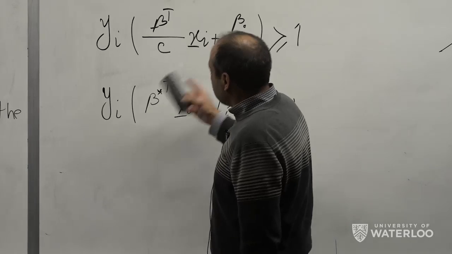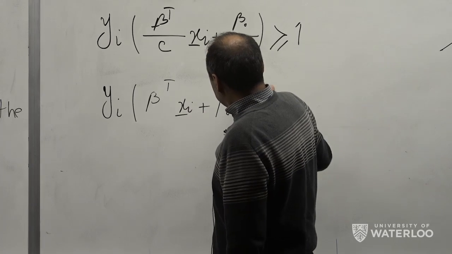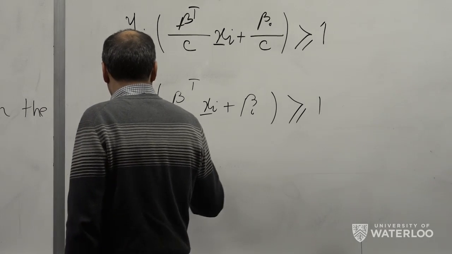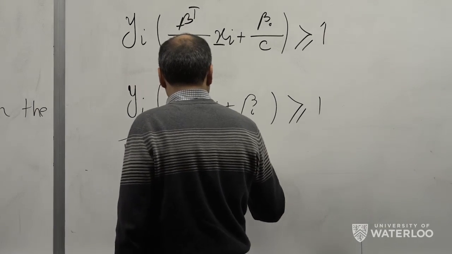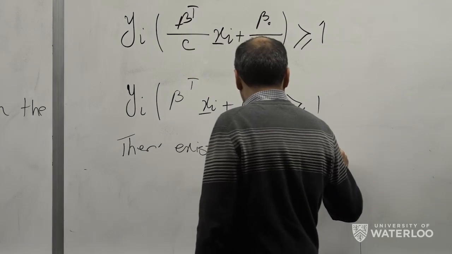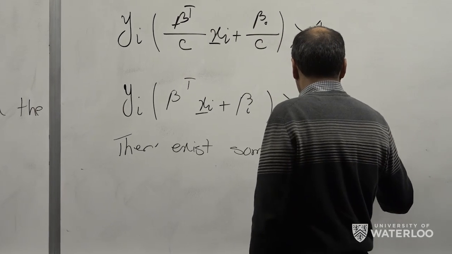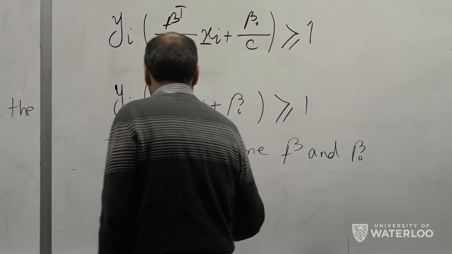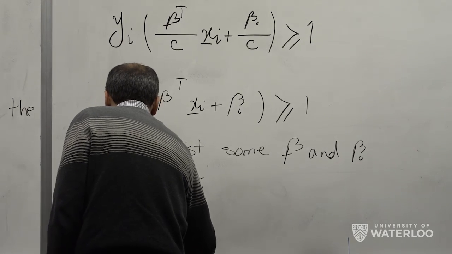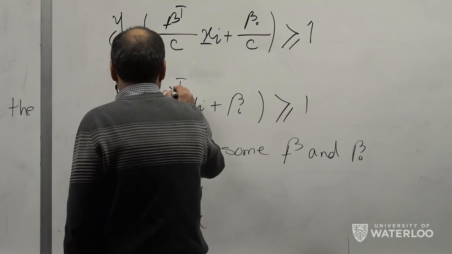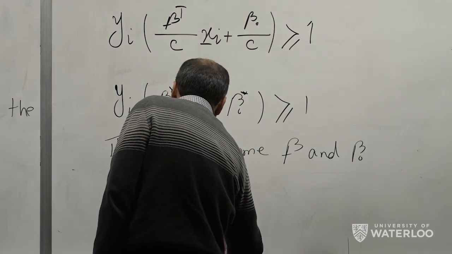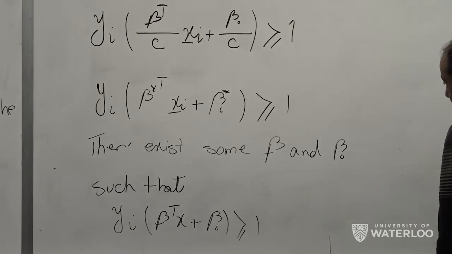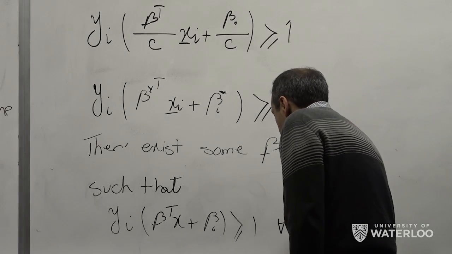I mean, since I can rescale this, I just write it beta, means there exists some beta and beta null such that yi times beta transpose x plus beta null is greater than or equal to 1 for all xi.